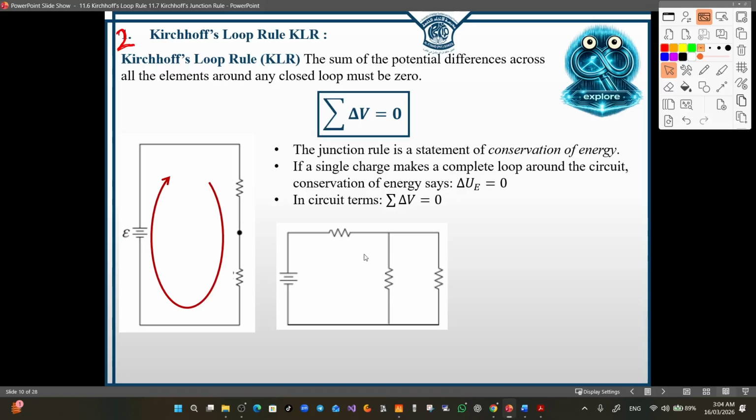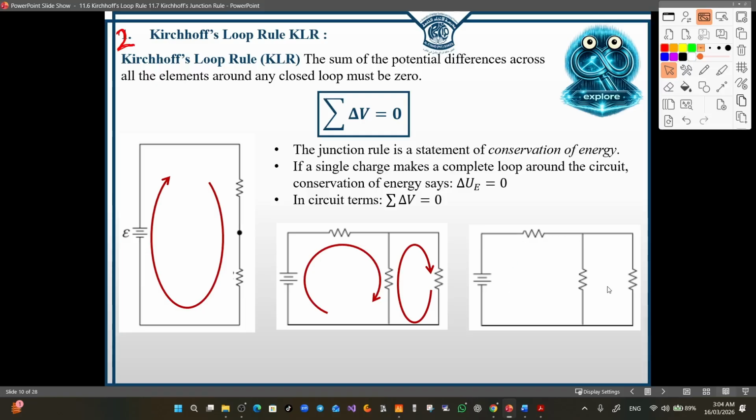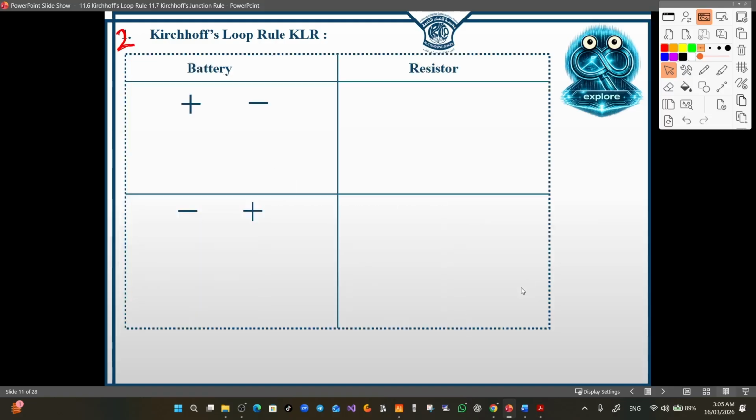The first loop is this one, and the summation of the delta V must be equal to zero as we circulate around this loop. Even for this small loop, the delta V will be equal to zero. And the third loop is the biggest one, the outer closed loop. The way we circulate around the circuit can be clockwise or even counterclockwise. We can circulate in this way, and the summation will also always end up as zero.